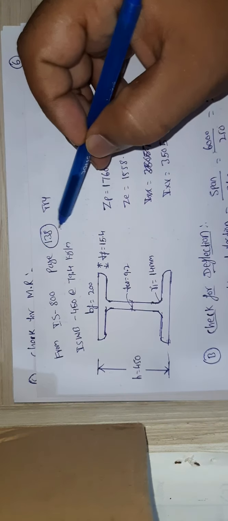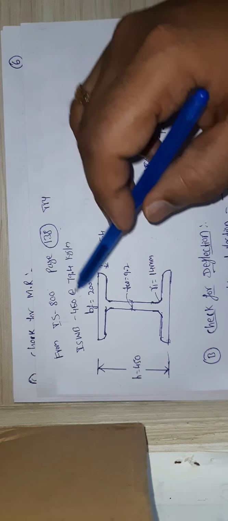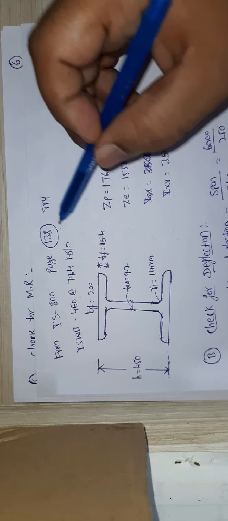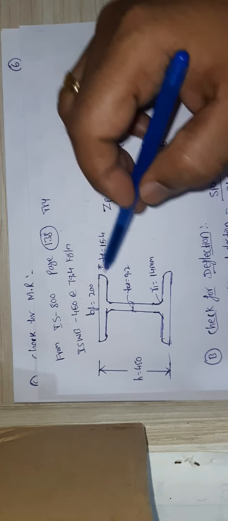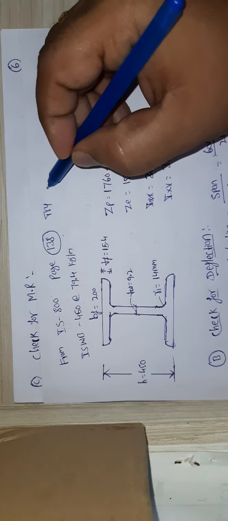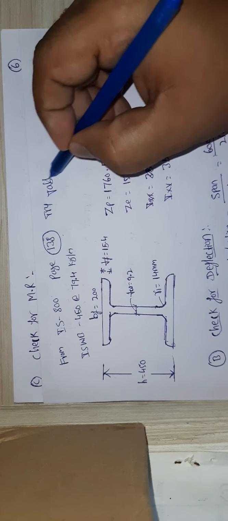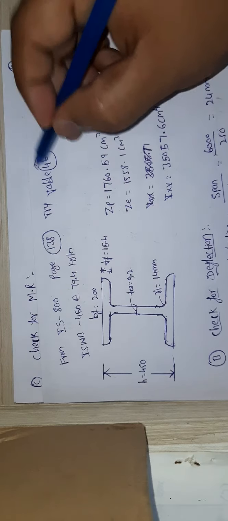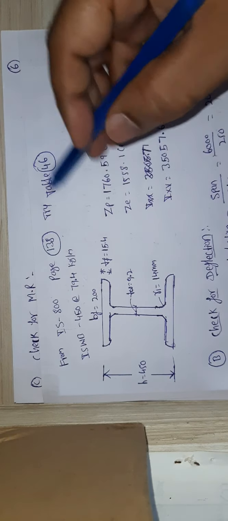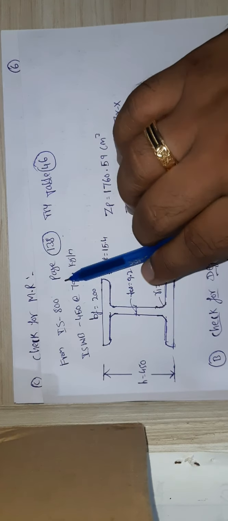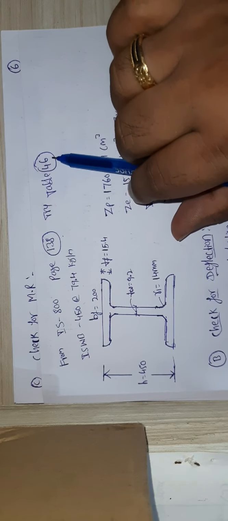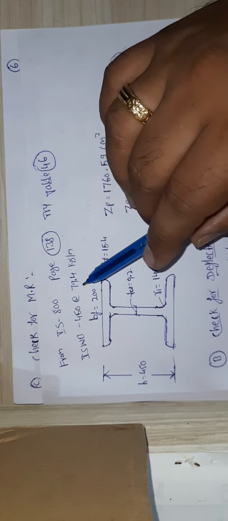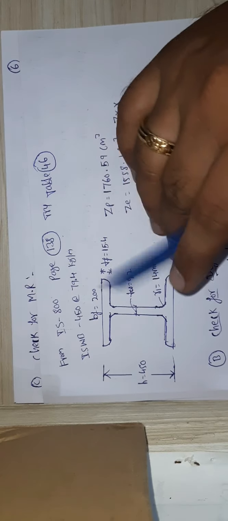From page number 138 of IS 800, table number 46. From table number 46, for the required plastic modulus, I selected the sections.